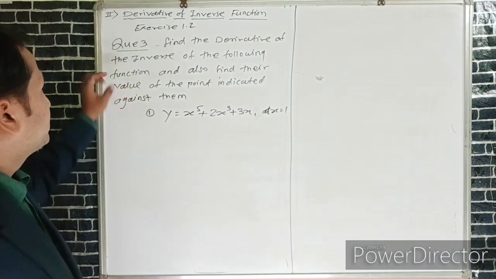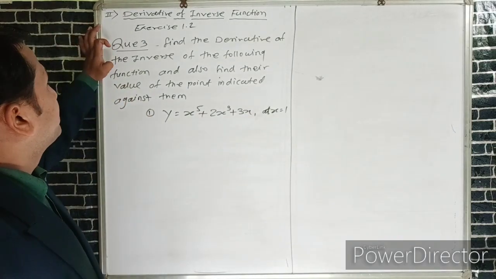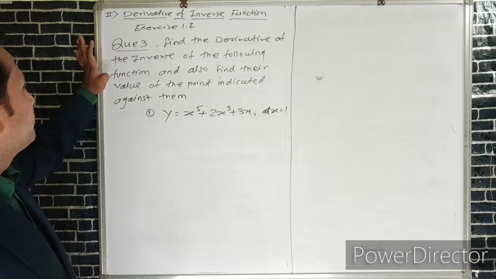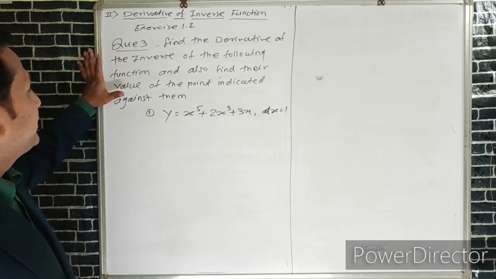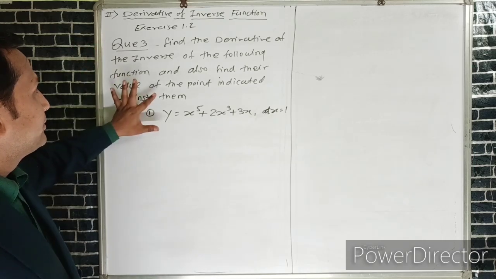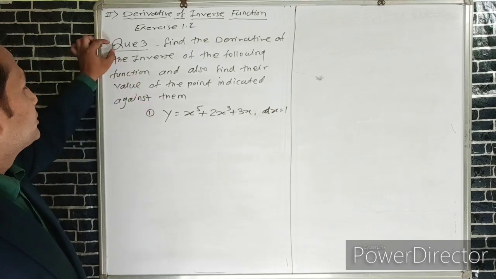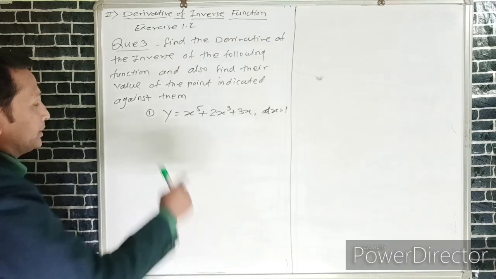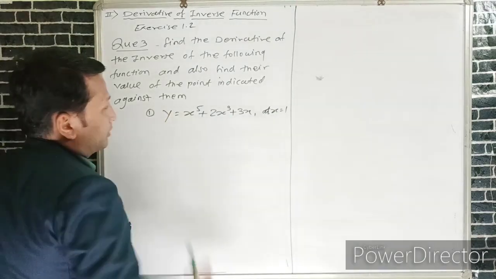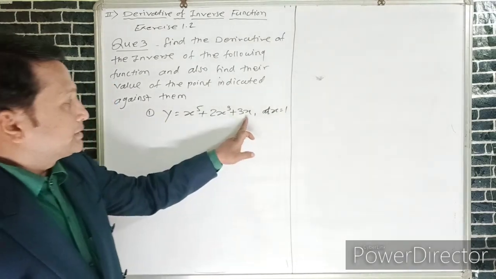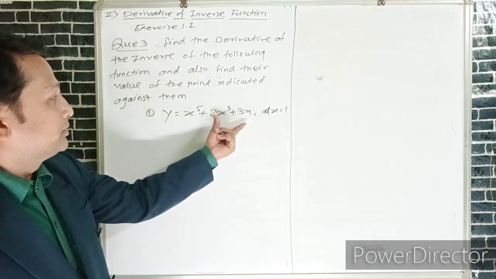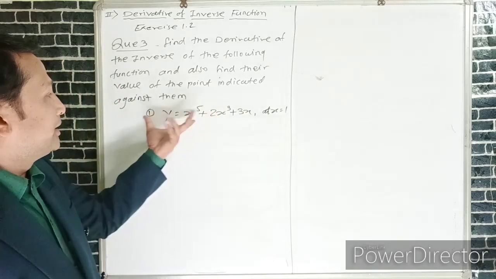Next, question number 3 is find the derivative of the inverse of the following function and also find their value at the point indicated against them. This question is similar to question number 2. Here y is equals to x raised to the power 5 plus 2x cube plus 3x is a given function. If we differentiate the given function with respect to x, then we get dy by dx.